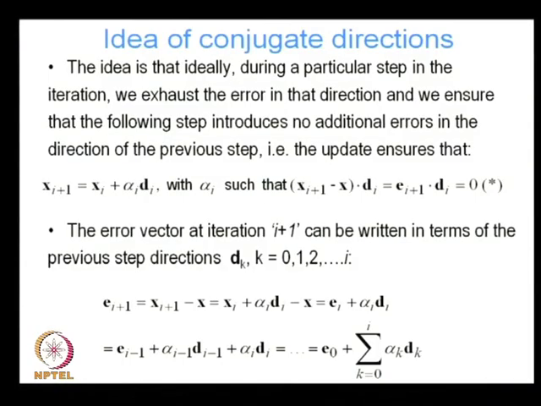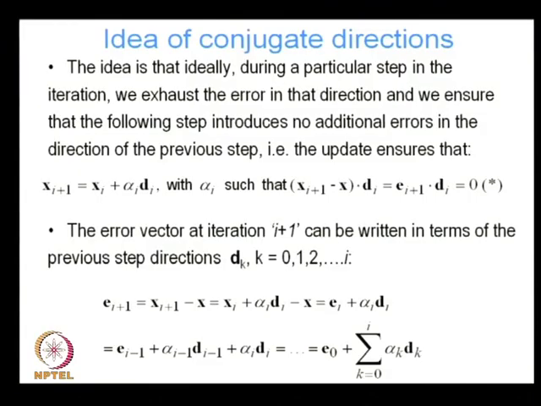The idea is that ideally during a particular step in the iteration, we exhaust the error in that direction, and we ensure that the following step introduces no additional errors in the direction of the previous step. That is, the update x_{i+1} = x_i + alpha_i d_i is my update law, with alpha_i such that (x_{i+1} - x) . d_i = e_{i+1} . d_i = 0.